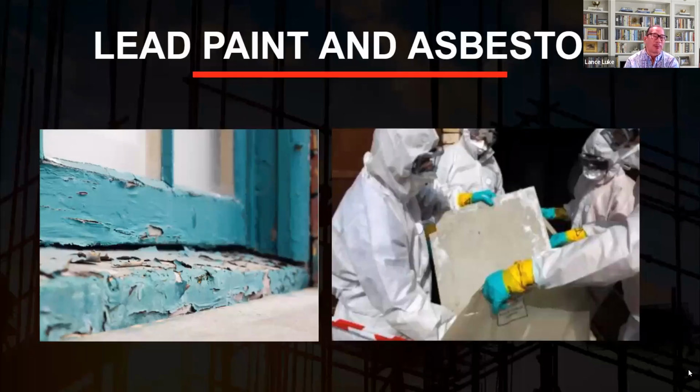Now let's talk about lead paint and asbestos. Lead paint, as you know, is a problem, especially with children. Okay, once the lead enters your body, it doesn't leave. So for small kids to ingest lead in the paint, it doesn't leave the body.